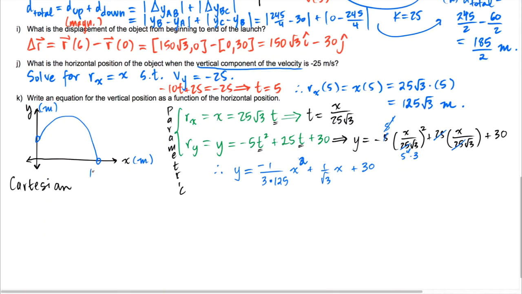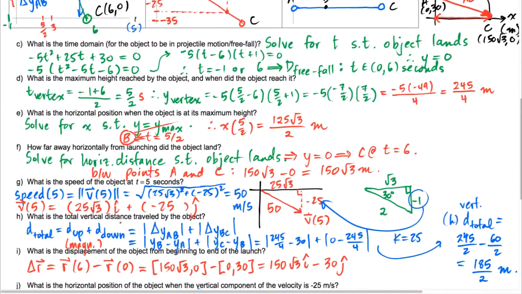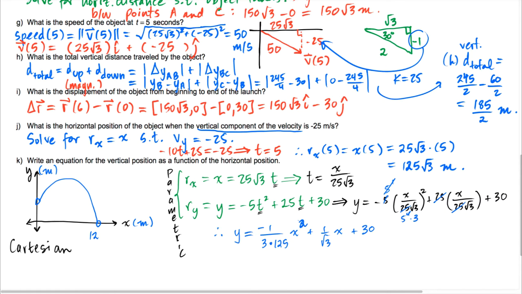This is 125, I think it's let's see what it is, 150 root 3 meters. And so the scales are different because x does not equal t. X is equal to this velocity value, something measured in meters per second, multiplied by time measured in seconds to give us the x measured in meters.